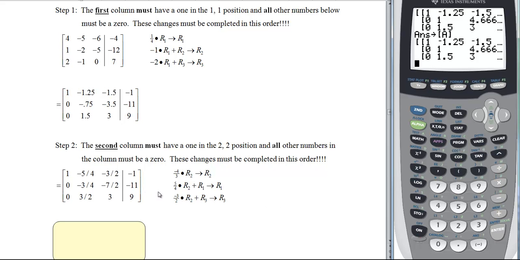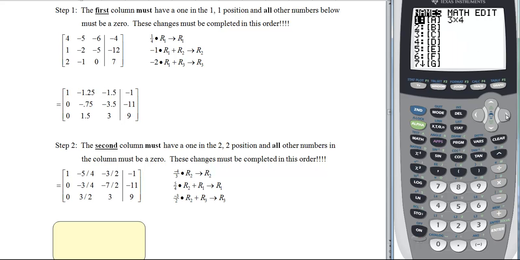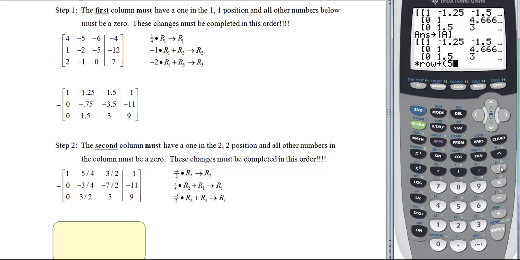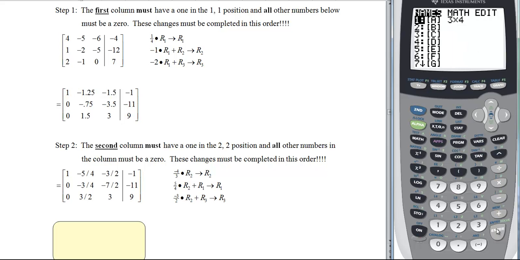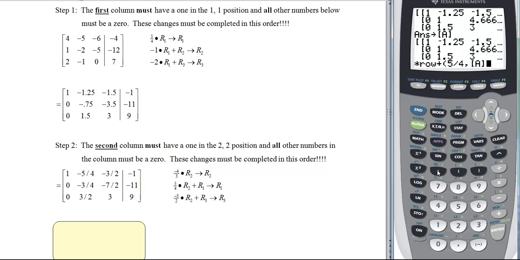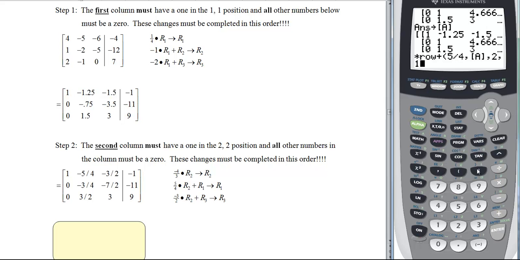Let's go do the next step, 5/4. So I need to multiply, add. So second matrix over to math, up. There's my multiply, add. 5 divided by 4, comma, second matrix, comma, 2, comma, 1. There's my 0 there. So store second matrix.